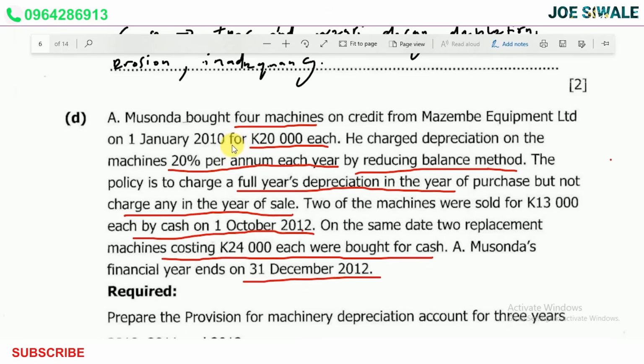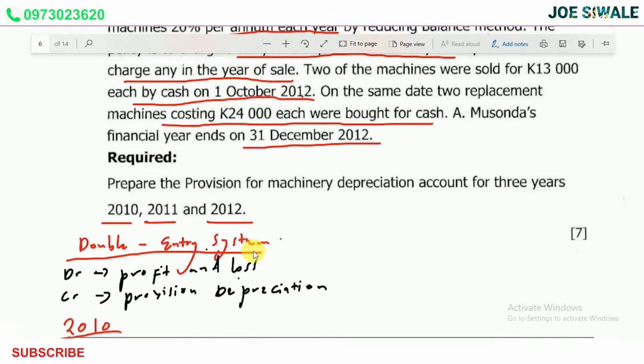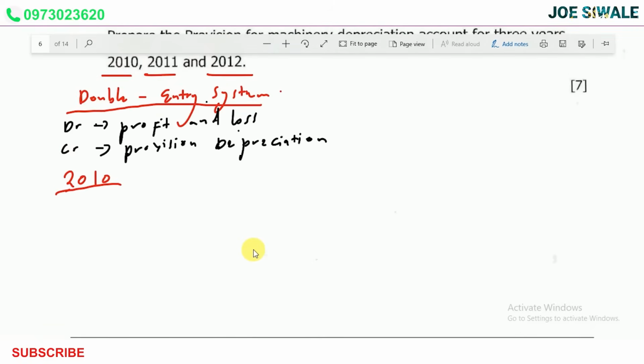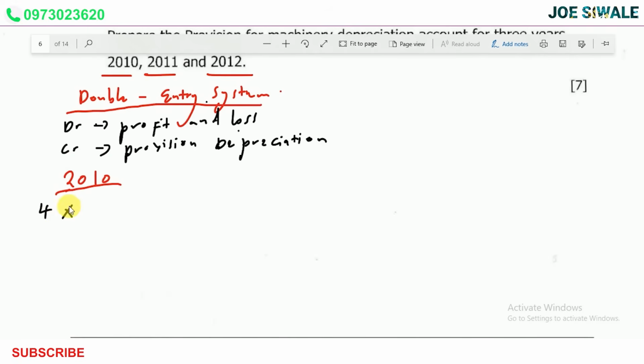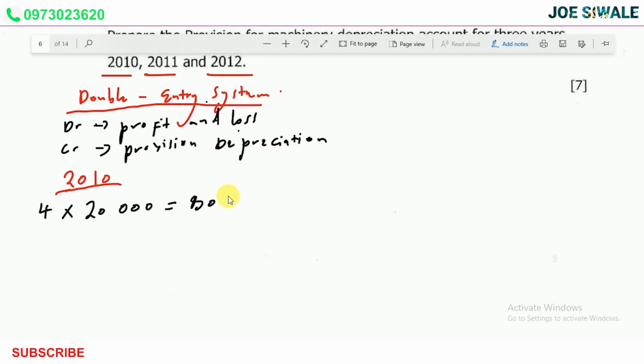He charged depreciation on machinery 20% per annum each year by reducing balance method. So for the year 2010, 4 machines were bought at a cost of 20,000 each. To calculate the total of these 4 machines, we say 4 multiplied by 20,000 and we have 80,000.